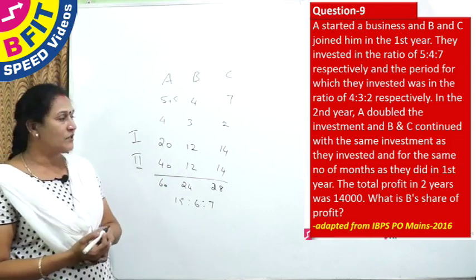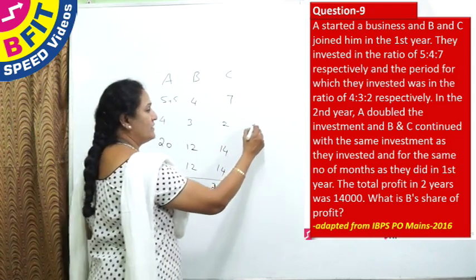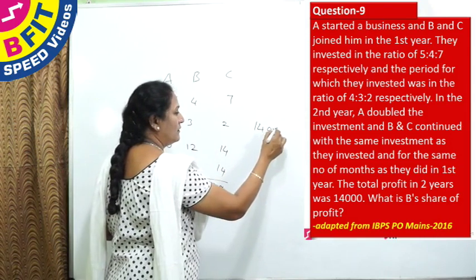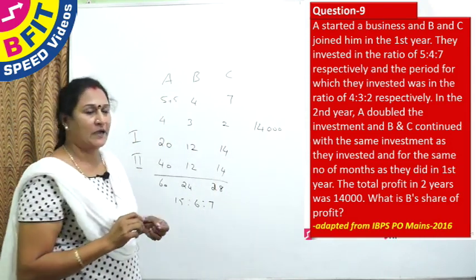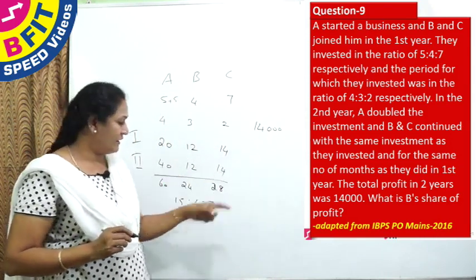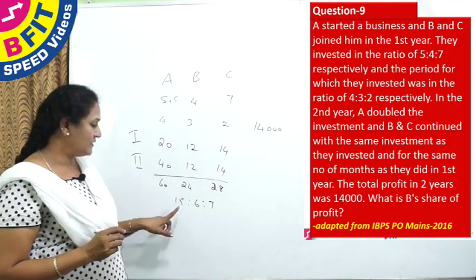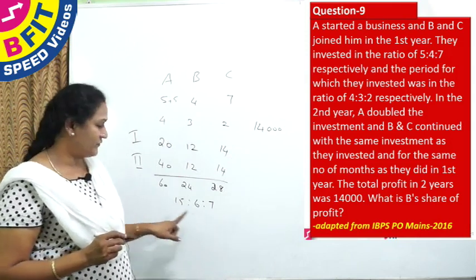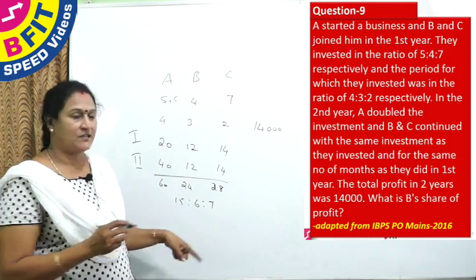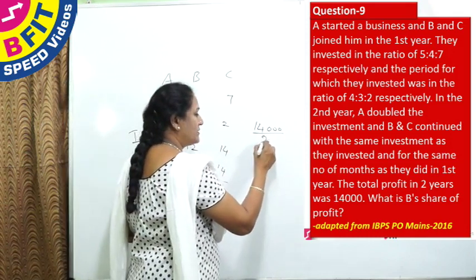For 2 years what is the profit given? It is given as 14,000. So to find the value of one part, if the total is given, divide by the total parts. So adding 15, 6 and 7: 15 plus 6, 21 plus 7, we have 28 parts.